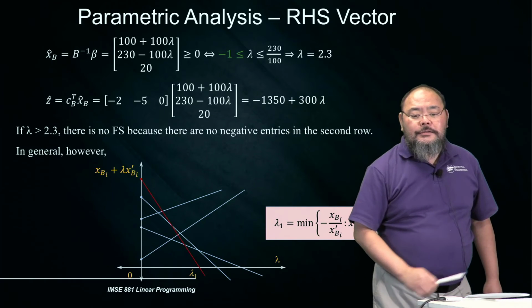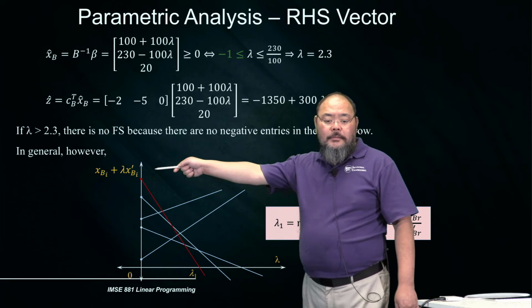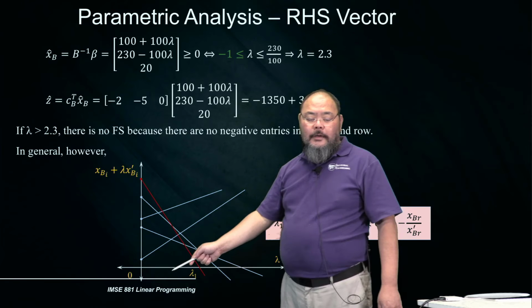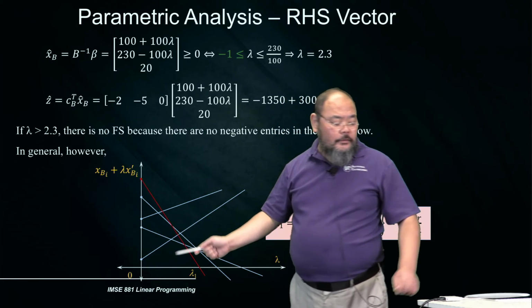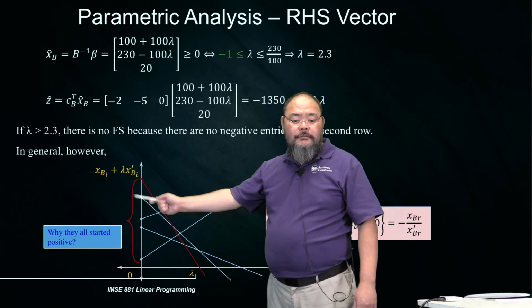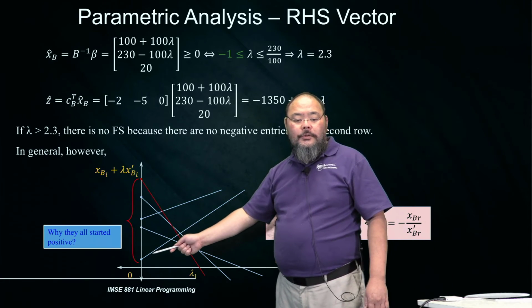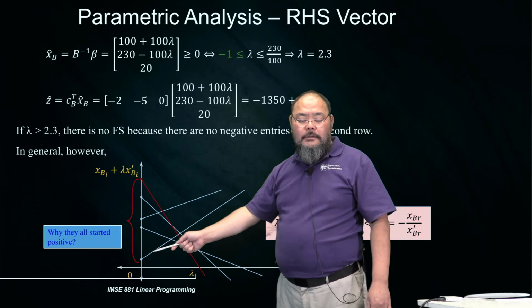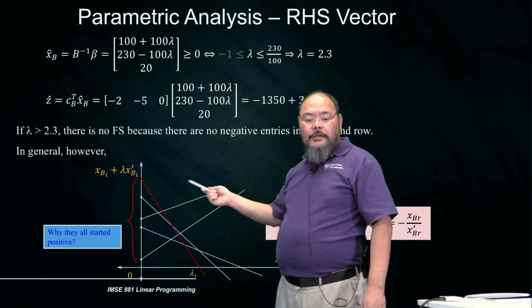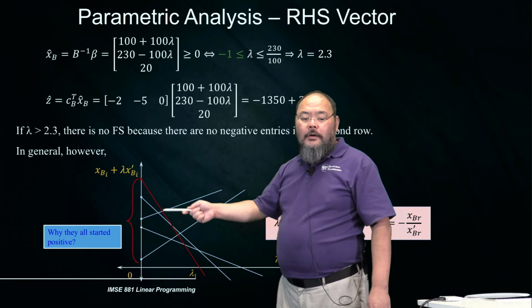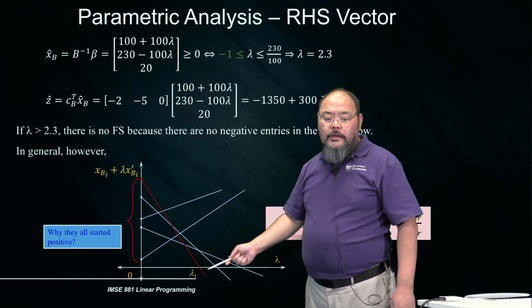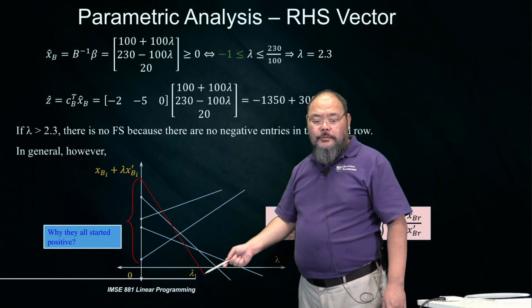When lambda keeps increasing, some basic variables decrease in value and some increase. They all start with a non-negative value, since the basic variables are originally greater than or equal to 0. We only care about those going down, and the minimum one, which we call lambda 1, is the first to hit 0.